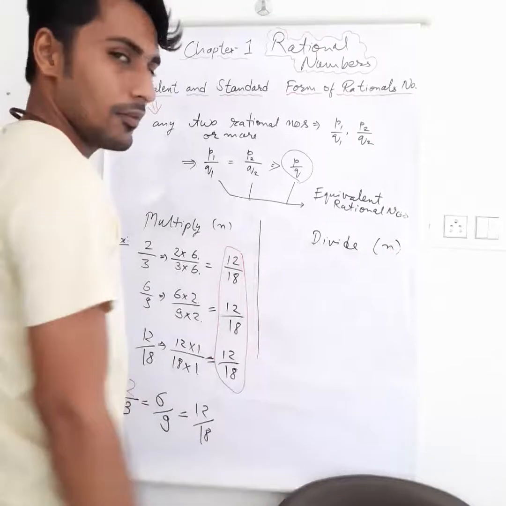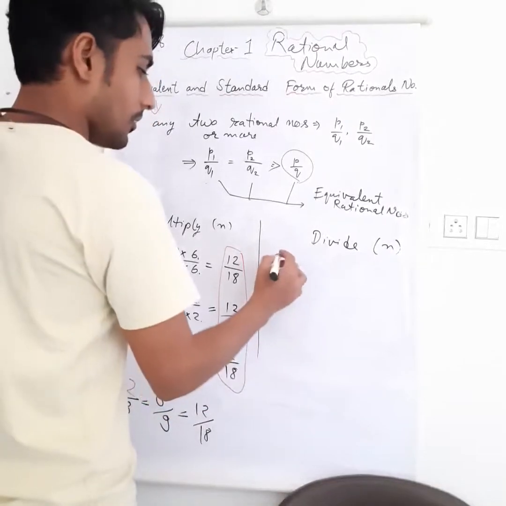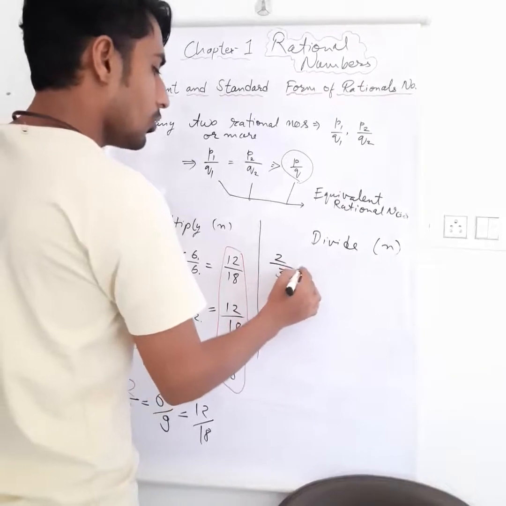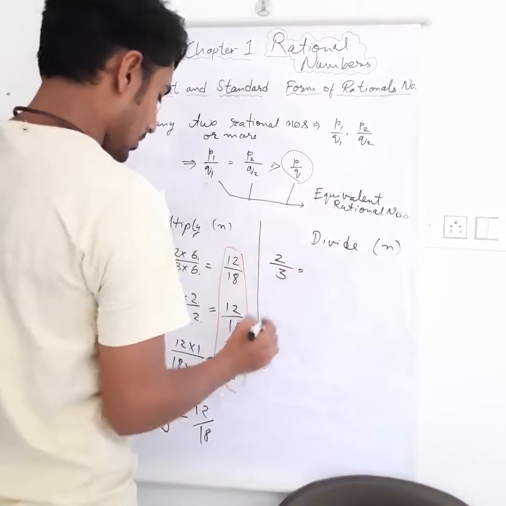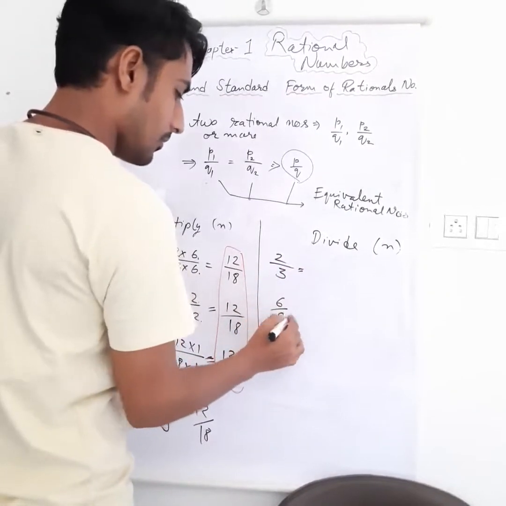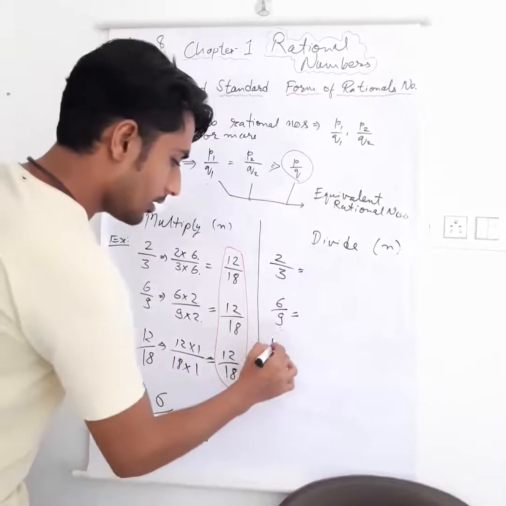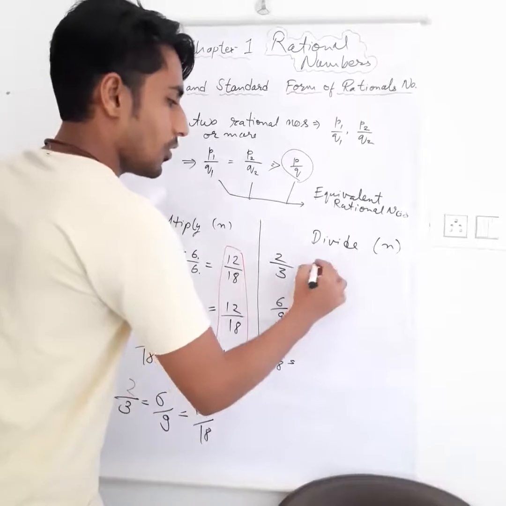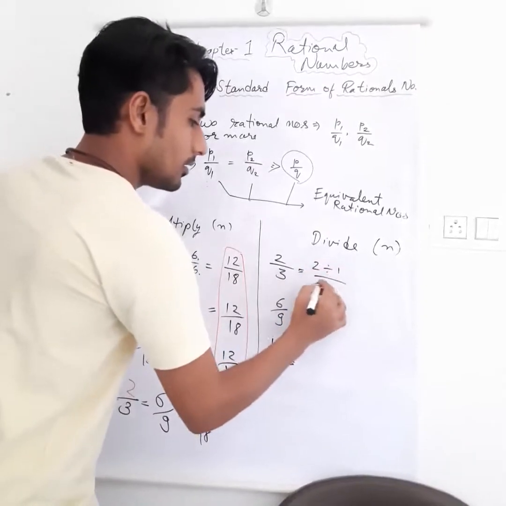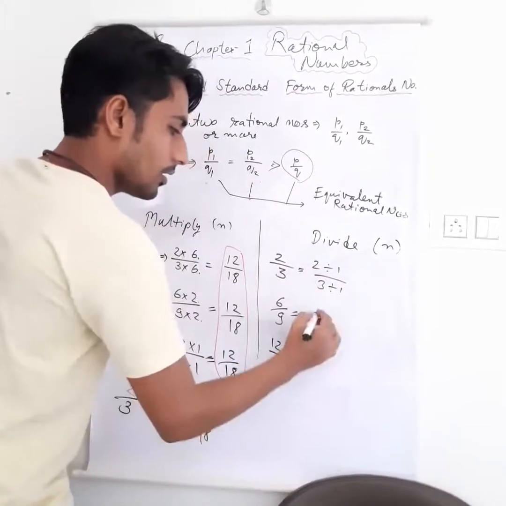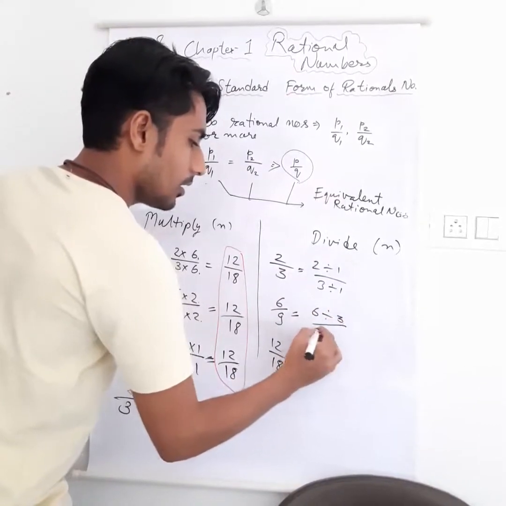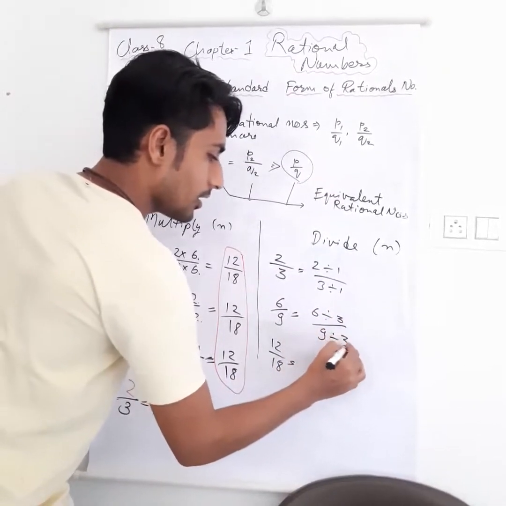Similarly, let's check the division method. Same example: 2 by 3, 6 by 9 and 12 by 18. 2 is divided by 1, 3 is divided by 1, 6 is divided by 3, 9 is also divided by 3.